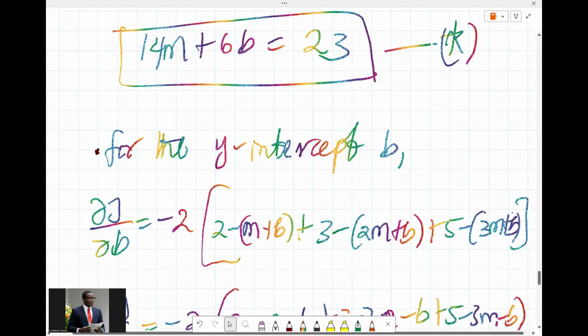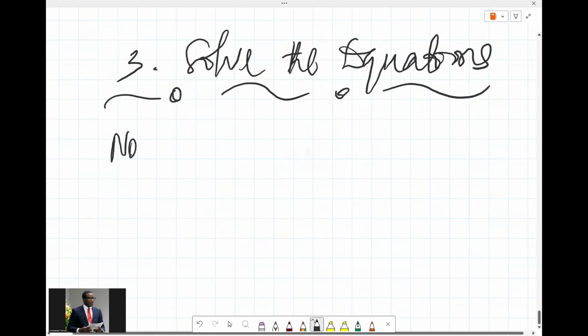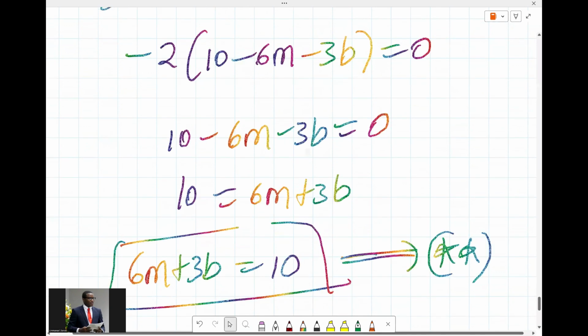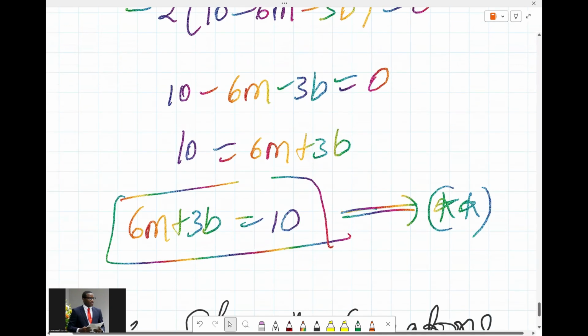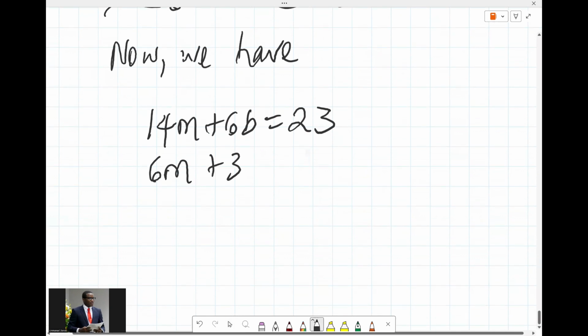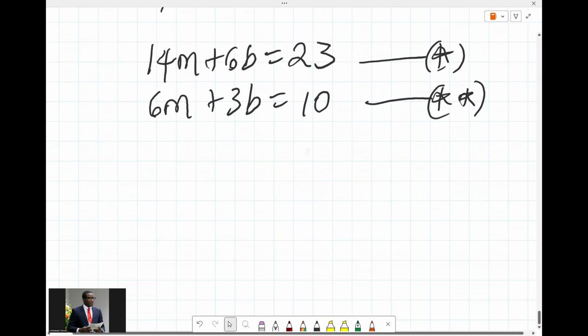So 14m plus 6b equals 23. And then what else? We have 6m plus 3b equals 10. This is equation star again, and this is equation star star. So we now need to solve for m and b.